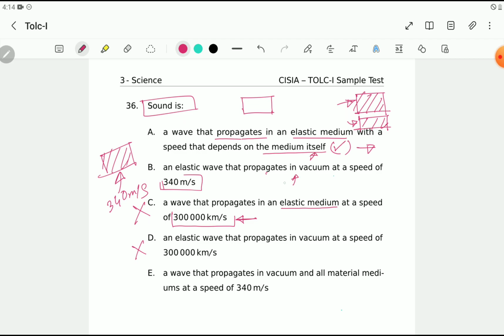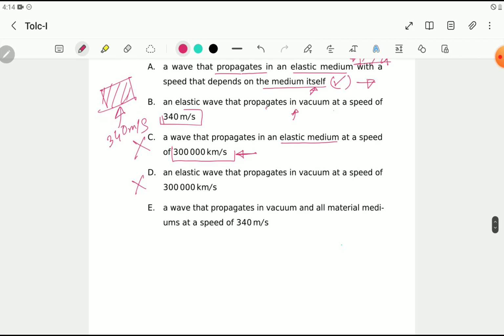In vacuum at a speed of 340 meter per second, that's correct, but it depends on different medium. A wave that propagates in a vacuum and all materials medium at a speed of 340 meter per second. This is not correct because I already told you that the speed of sound is dependent on the medium itself.